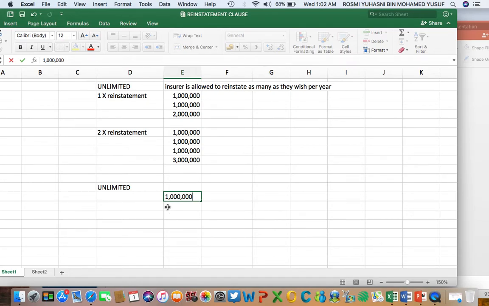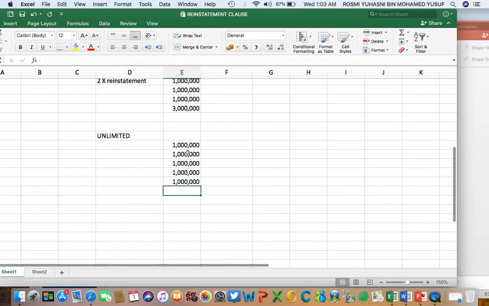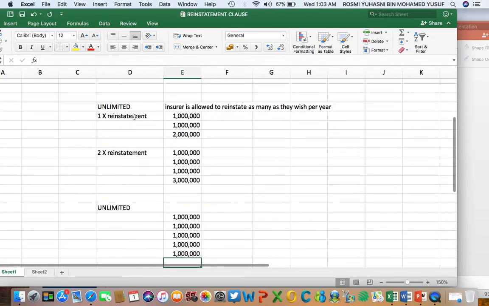Let's say when this 1 million is finished, they will top up again 1 million, and when it finishes, they will top up again 1 million, and again. So it is unlimited. The amount will be topped up again and again until the end of the year.